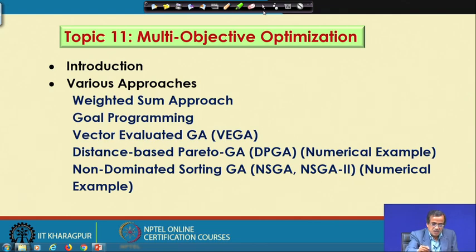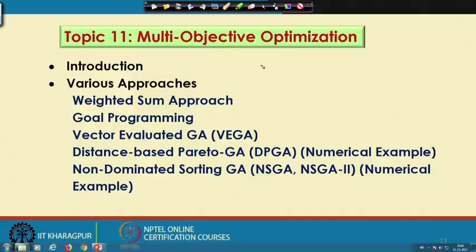Now, then comes the concept of the non-dominated sorting genetic algorithm, that is NSGA, and its modified version is NSGA 2. Now, here what we do is just like ordinary GA, you will have to consider the selection pressure and the population diversity. To maintain the selection pressure, we take the help of the reproduction scheme.